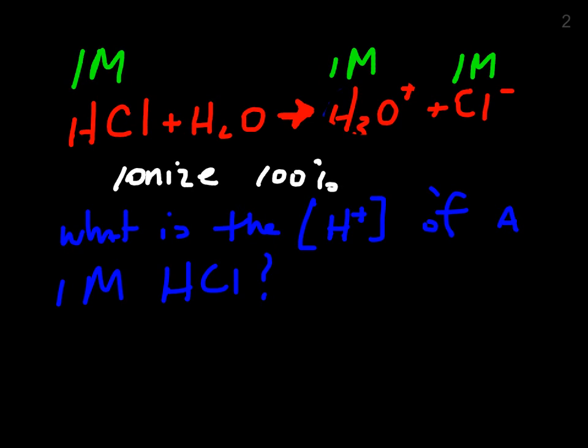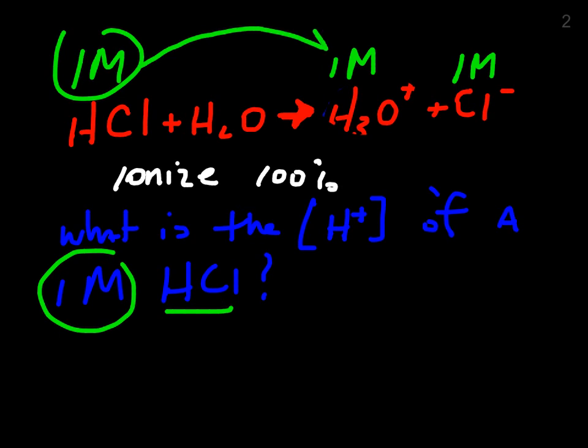The first thing I do is recognize it's hydrochloric acid, a strong acid, so I know it's going to ionize 100%. A 1 molar solution of it is going to produce a 1 molar solution of hydrogen ions.